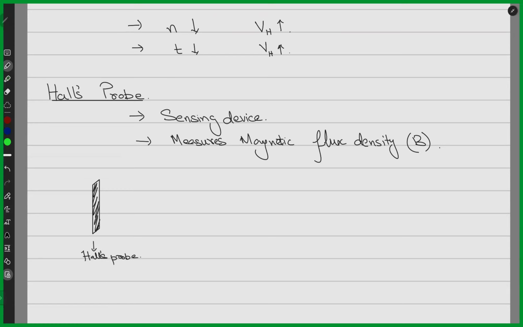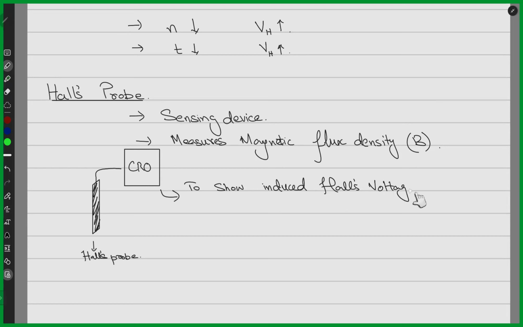And what you will do is take this Hall's probe and attach it to what is called a CRO, cathode ray oscilloscope. What this will do is show you the induced Hall's voltage, corresponding to that value of magnetic flux density.